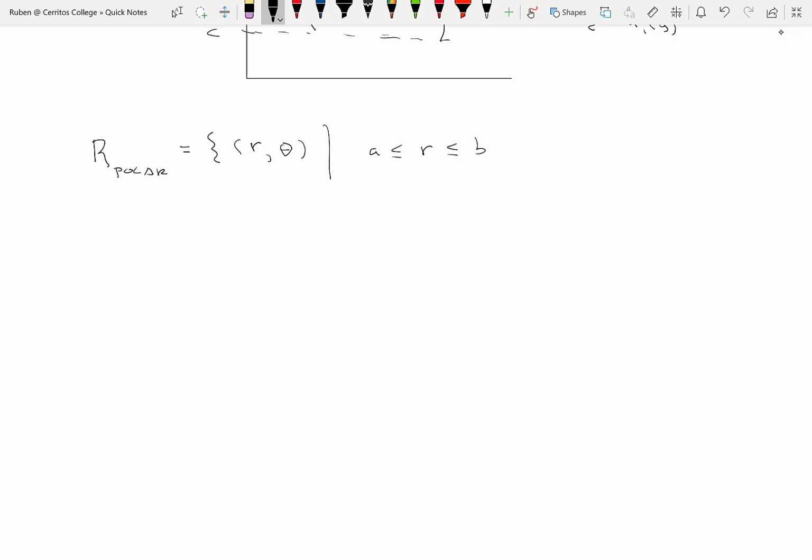So remember, r equals a in polar form is an equation of a circle of radius a centered at the origin. r equals b is a circle centered at the origin, radius b. And theta, the polar angle theta, varies between two constants, alpha and beta.